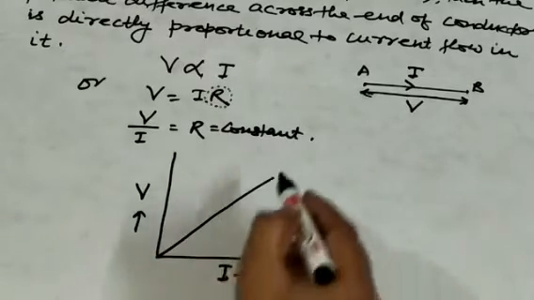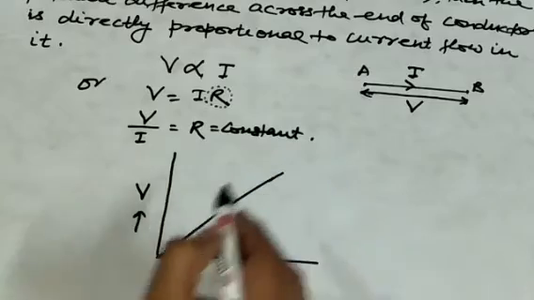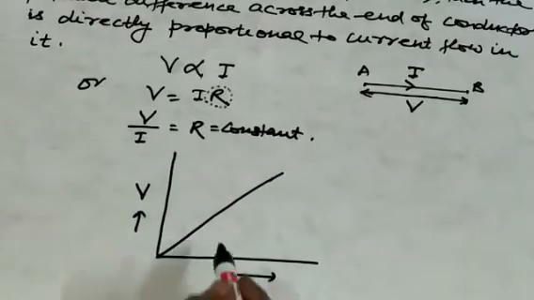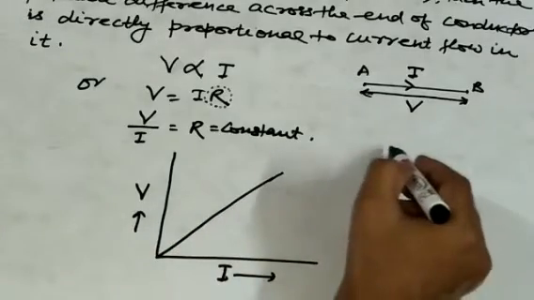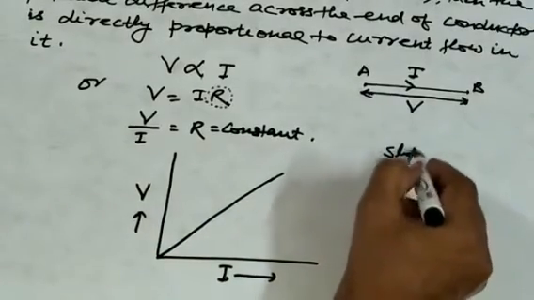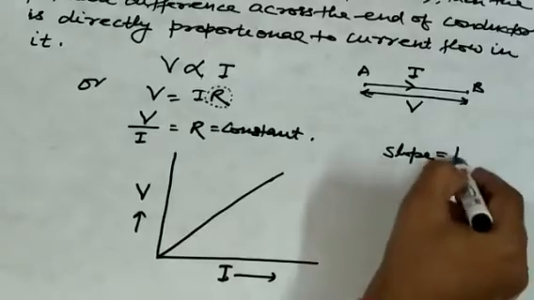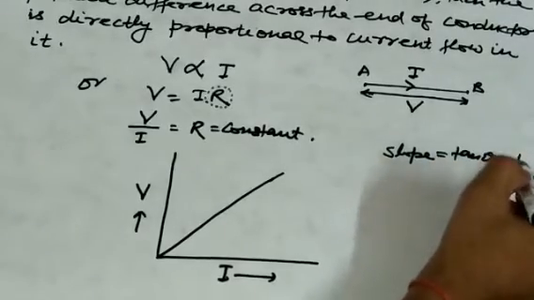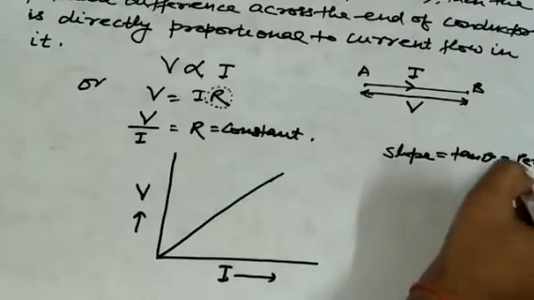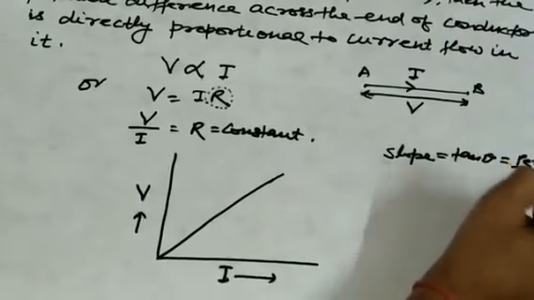So how can we find the resistance of that conductor if the V versus I graph is given? Simply take the slope of this line. You should know that slope is equal to tan theta, and tan theta is equal to perpendicular upon base.